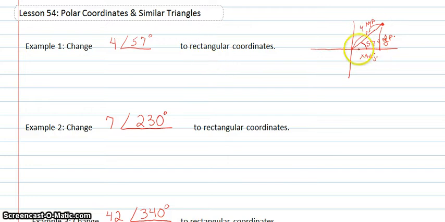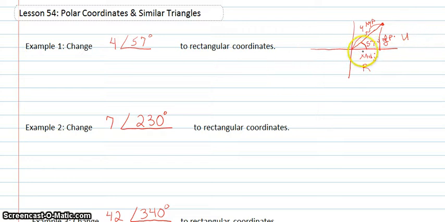You could set it up every single time and find the missing sides, or you can remember how to set it up. This is going to be for my x value, which they label as an r, and the y value as a u. Okay, and I think they just give it a big U.